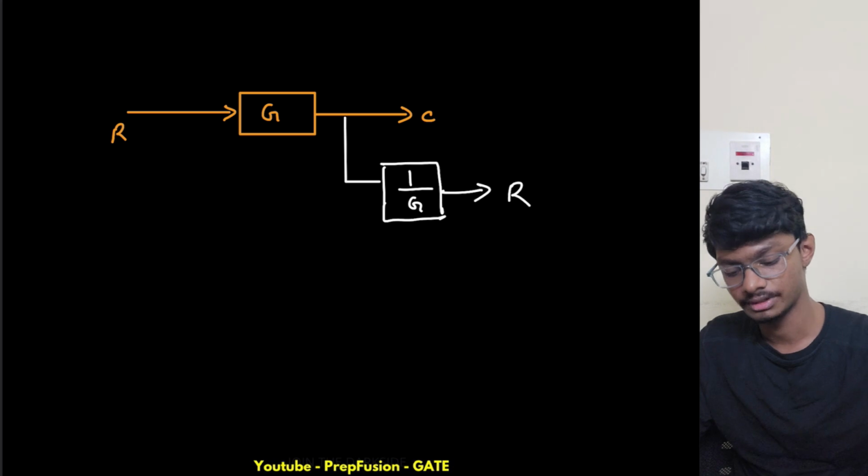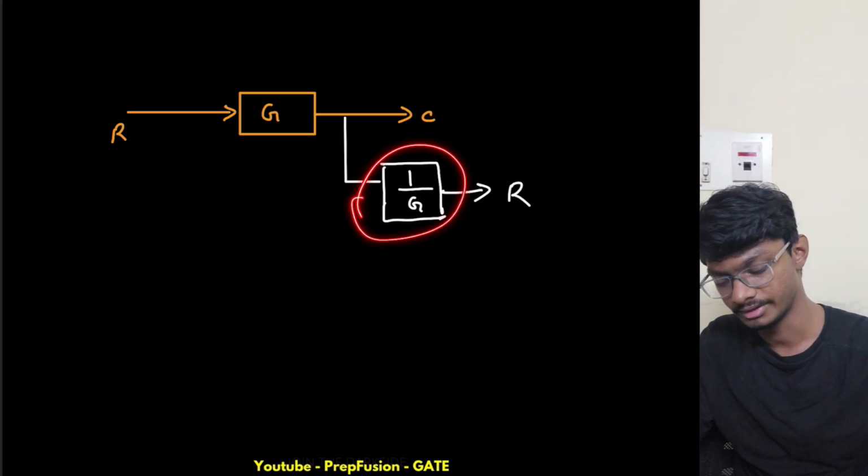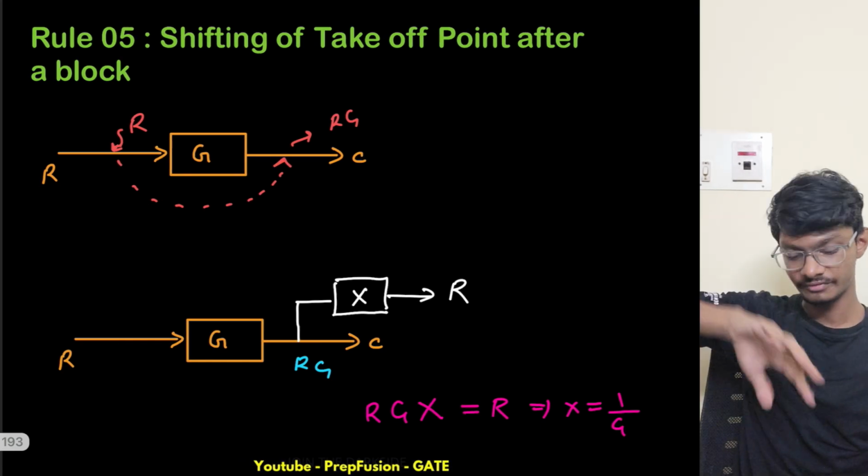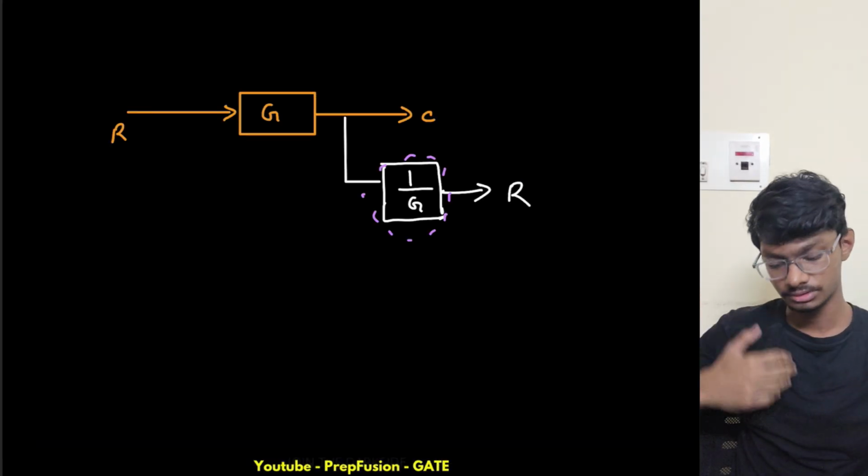This is R only, so this block will get divided, let me highlight this. If you want to shift it back, the block gets divided. So this was rule 5.